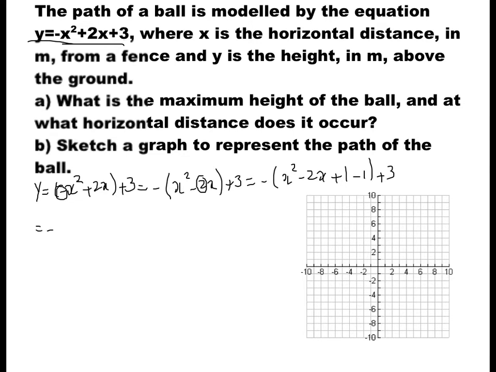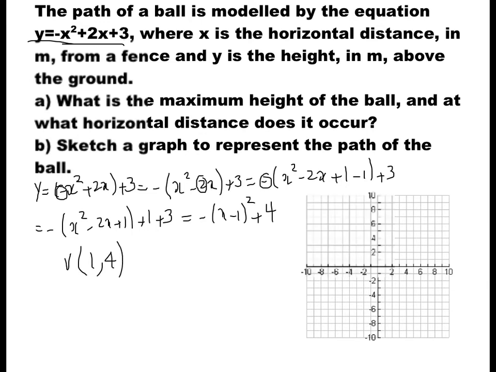Negative x squared minus 2x plus 1, I put them together, and then I take negative 1 out of the bracket, but there is a negative here, so it's going to be plus 1 plus 3. Now x squared minus 2x plus 1 is really x minus 1 squared, and 3 plus 1 is 4. So what we got here is the vertex form, which tells us the vertex is at 1 and 4.